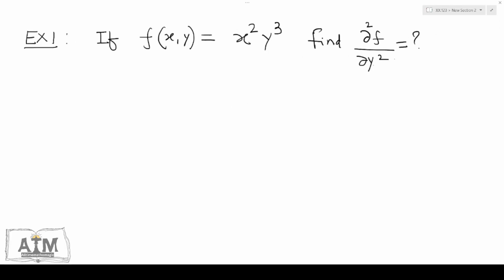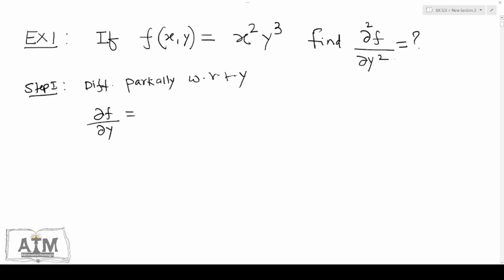Suppose the same problem is asked with respect to y, then how to do it? So step 1, first of all we will differentiate partially with respect to y. So del f by del y equals partial differentiation of x square y cube with respect to y.